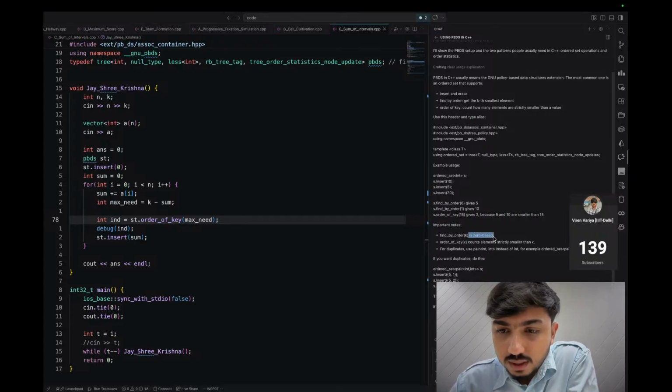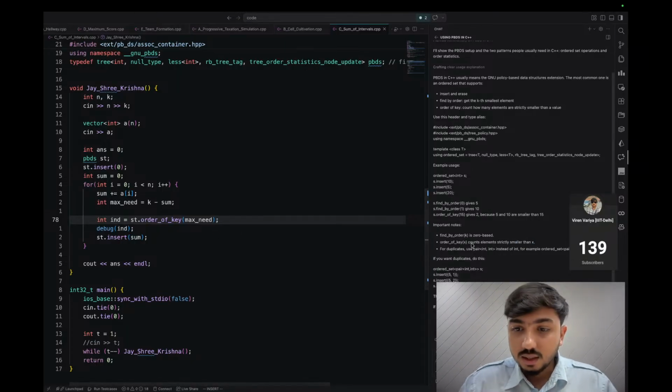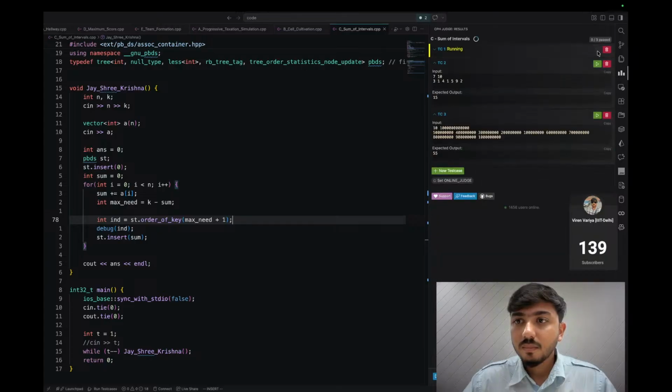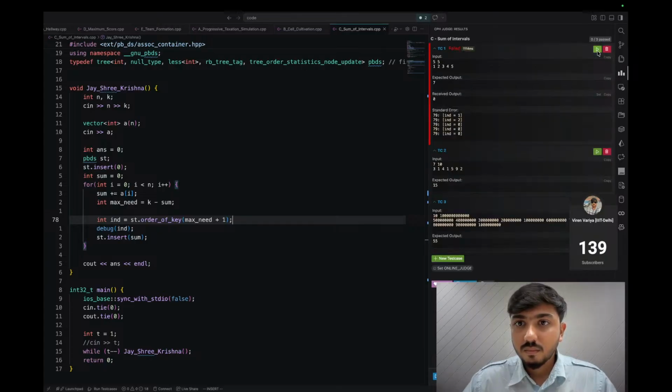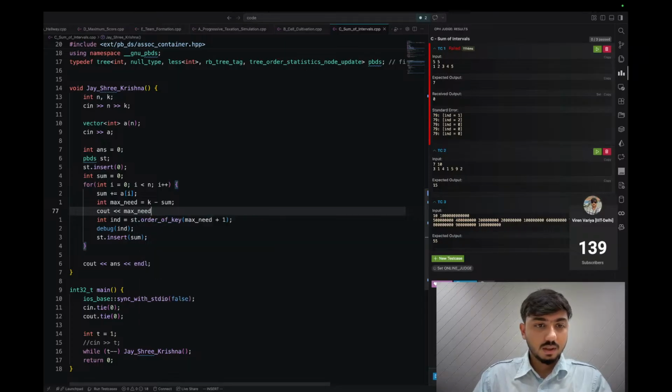This is zero based, count elements strictly smaller than x. Yeah, this is what we want. Okay, cout max need.